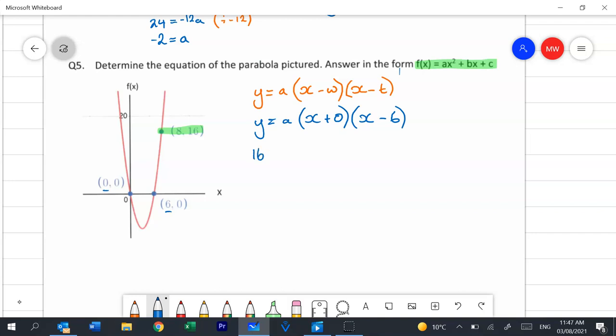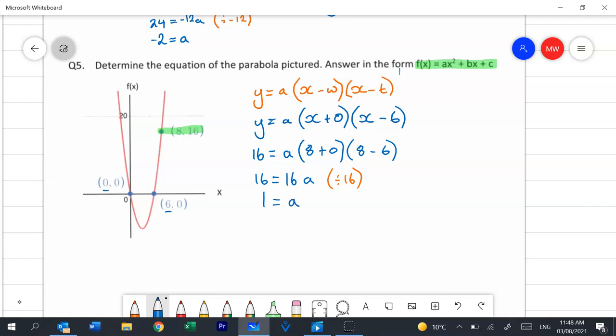So we've got 16 equals our unknown a, (8 plus nothing), (8 minus 6). So this will be 16 equals a multiplied by 8 times 2, which is 16. Divide by 16 on both sides. We'll find that a is 1.